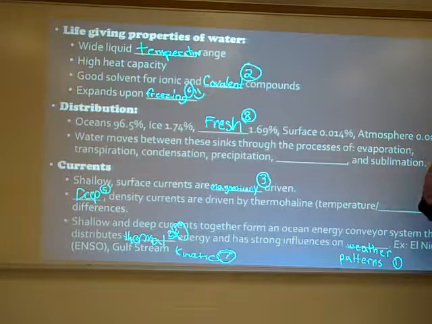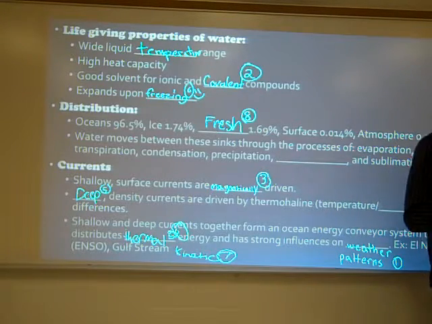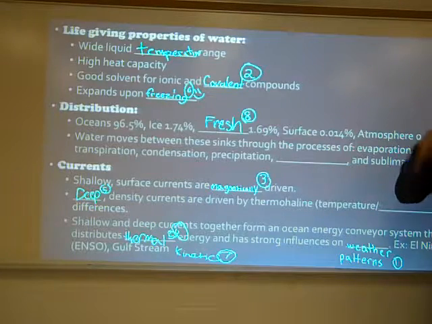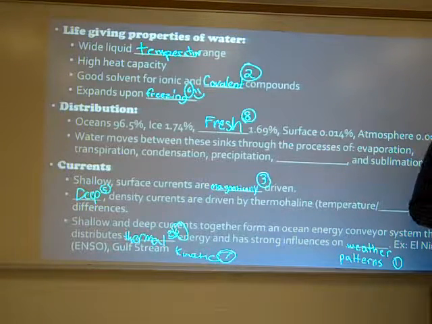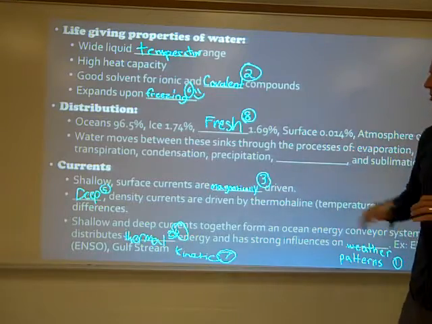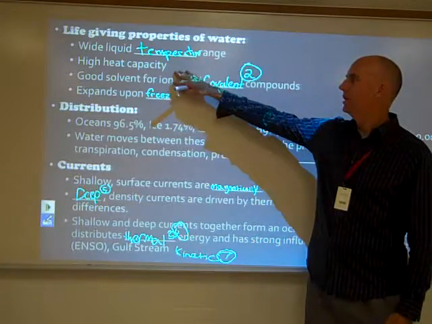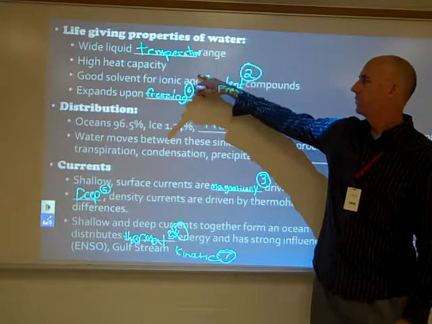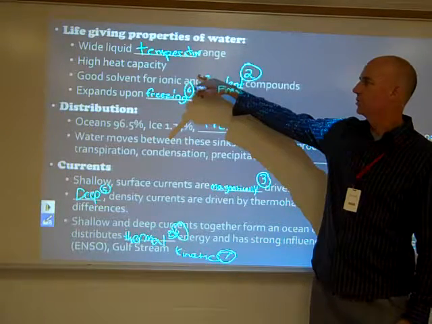You see on other planets 100 degrees plus temperature difference between night and day. That's not conducive to living. Things can adapt to extremes, but they can't adapt from a day-to-day basis, or it's very difficult to do that, as you can imagine. So water absorbs a lot of heat energy and moves around through currents, which we'll look at later, and therefore distributes the energy from the sun.